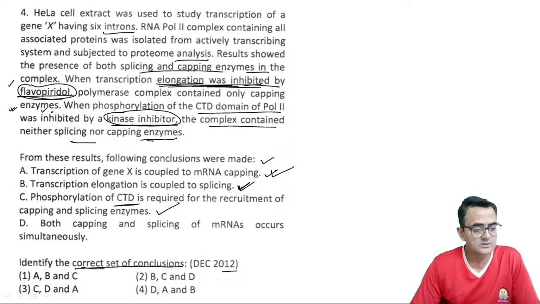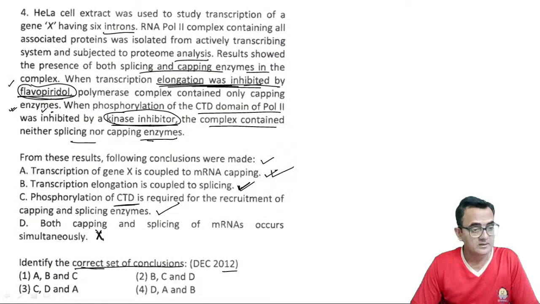So this is the wrong statement actually. Otherwise, by treatment with both chemicals, whether the kinase inhibitor or flavopiridol, both splicing as well as capping enzymes would not have been obtained in the extract, right?